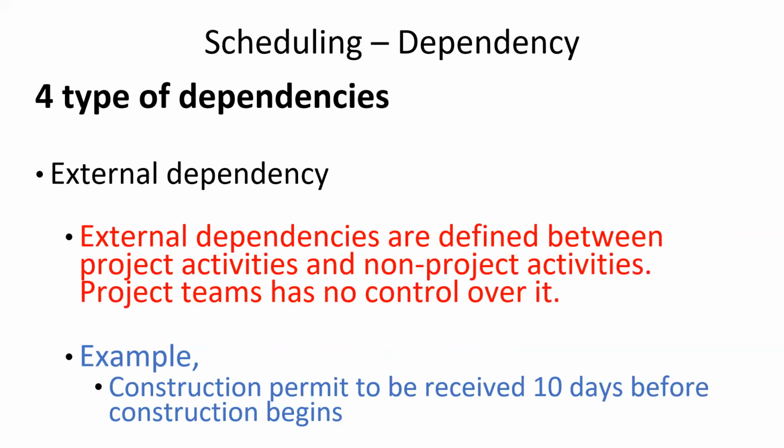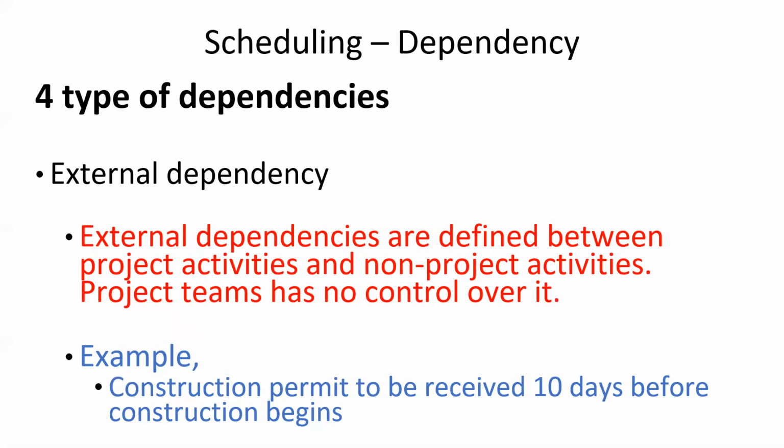The other kind of dependency is external, which is defined as dependencies which are dependent on other non-project related activities, something that is not under the control of the project team. So for instance, a construction permit needs to be received 10 days prior to the construction beginning.